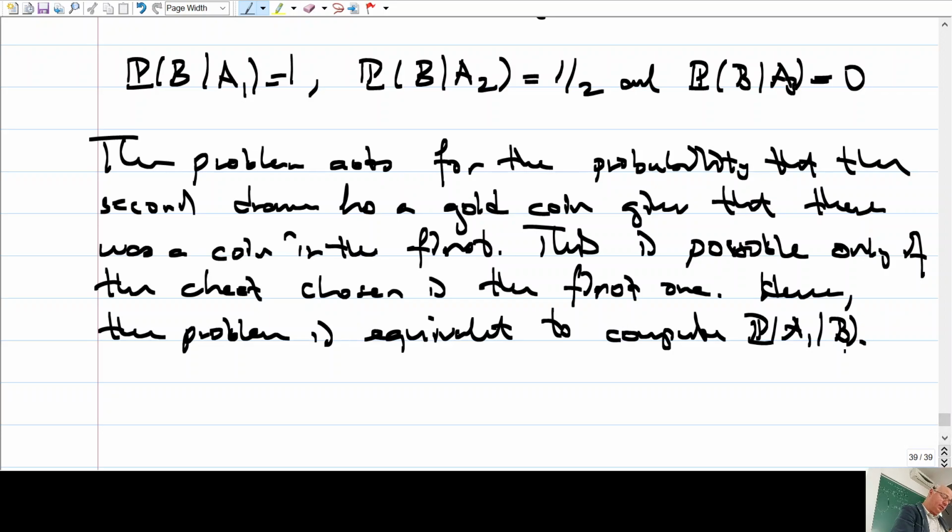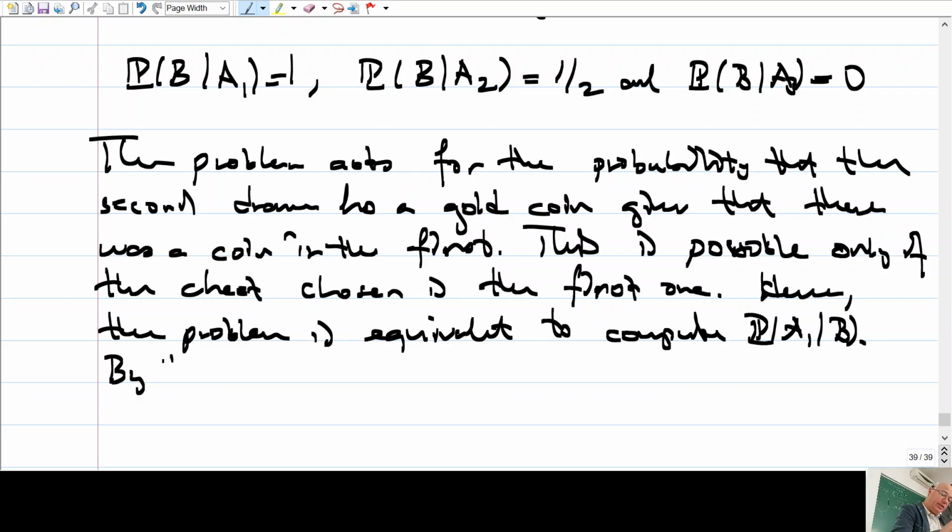So given B means the first drawer has gold coin. What is the probability that you have chosen the chest A1 at the beginning, right?